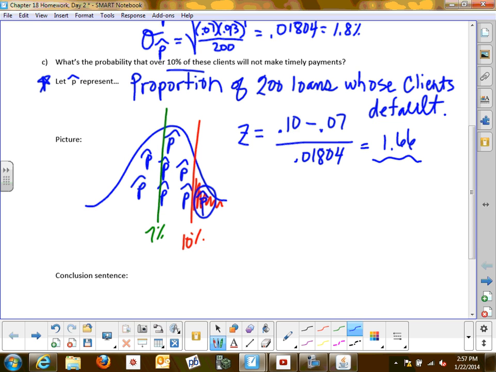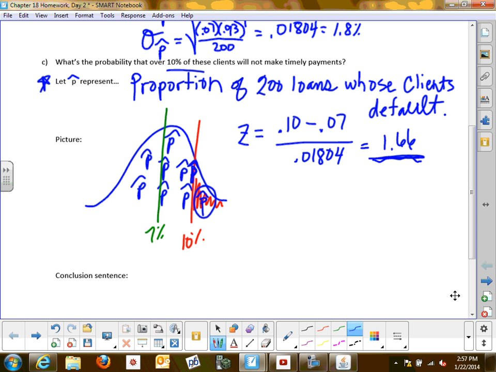So right there, I already know that this is not too strange of an event. If I got a sample that's right at 10%, I could have gotten that just because of sampling variability. It's not necessarily because I am having a higher rate of default.